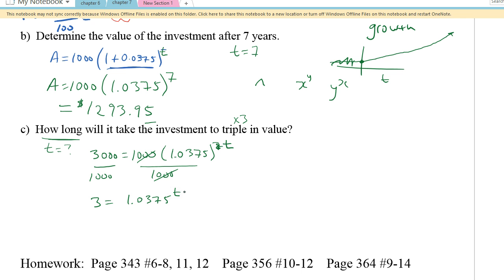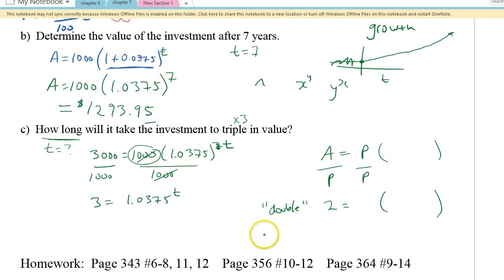One thing you'll notice then, for triple, you're always going to get this 3. It didn't matter what your initial investment was. If your initial investment wasn't even given, then you could just start off with this, because in terms of A is equal to P, if they say how long would it take to double your investment, you could divide both sides by P, so to speak, and then if it was the word double, your amount would be 2 times what your principal was.